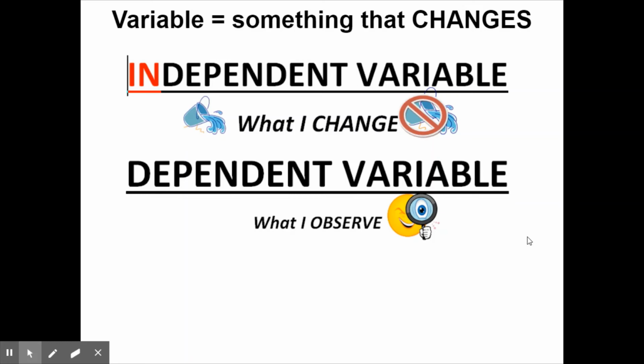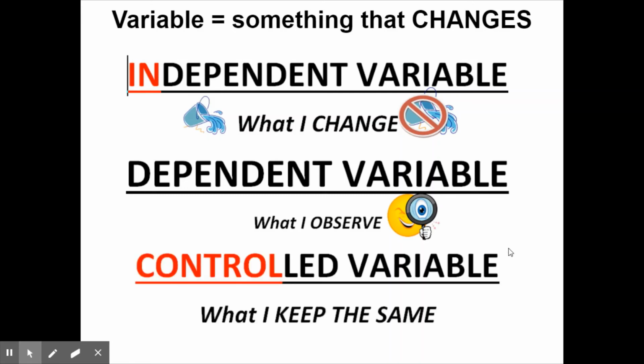That's what you don't know before you do the experiment. That's what you're expecting to change when you change the independent variable. And then a controlled variable, that's what you keep the same. So everything between your two groups that you're testing should be exactly the same, except they'll vary by the independent variable. That's the thing that's different between your two test groups.